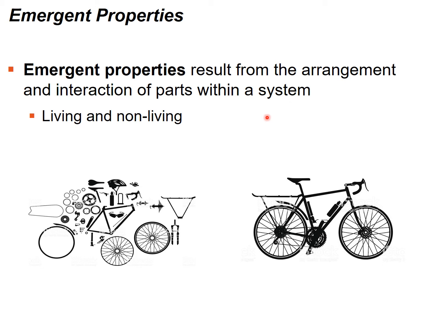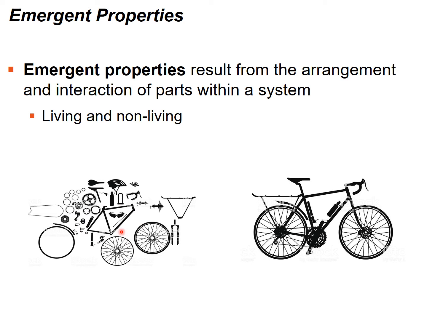So emergent properties do not only apply to living things. It could apply to those things that are non-living, like a bicycle. Each of these parts of a bicycle has its own function and structure. You could see they all are shaped differently and in different sizes.